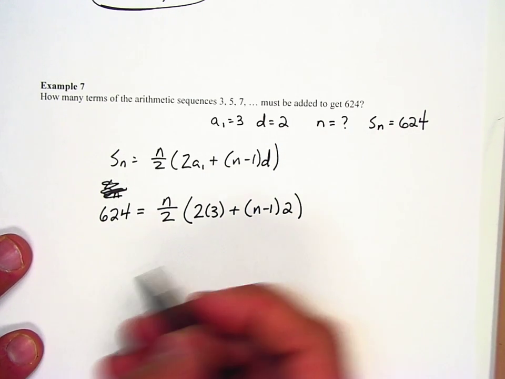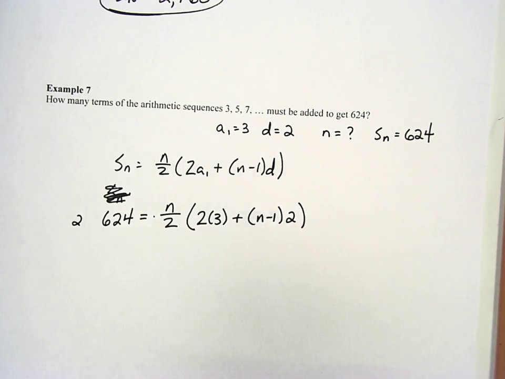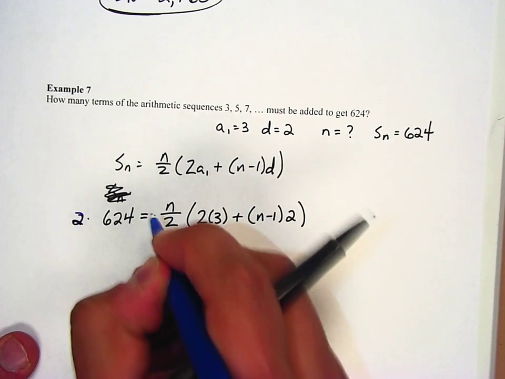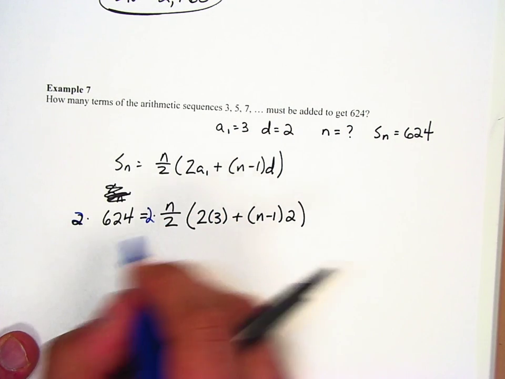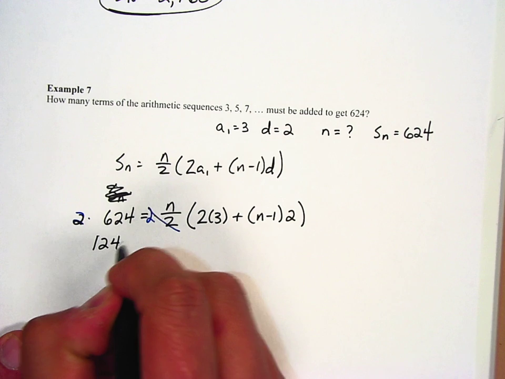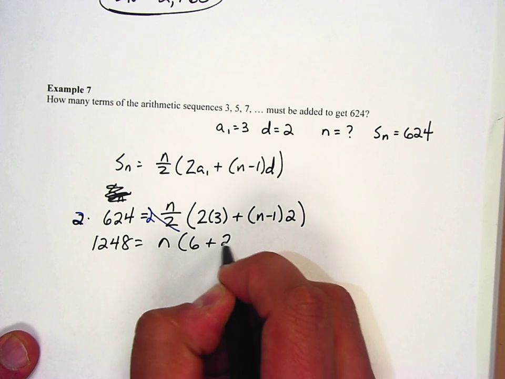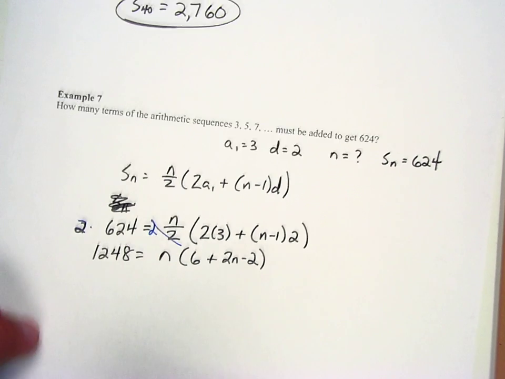We got to solve for n. First thing I'm going to do is multiply both sides by 2. That makes it pretty easy to get rid of that part. Those 2's would cancel. I get 1248 equals n times 6 plus 2n minus 2.